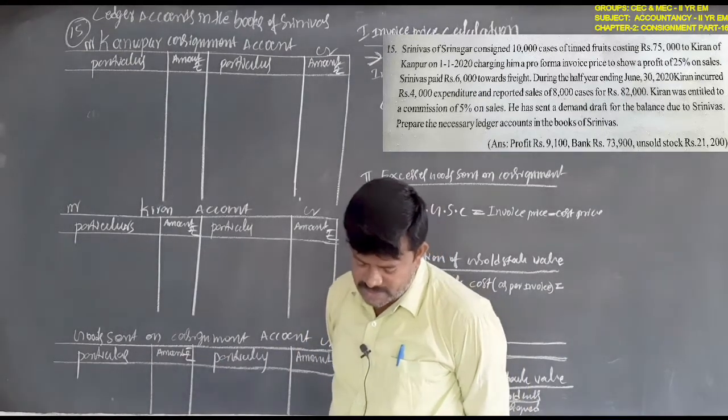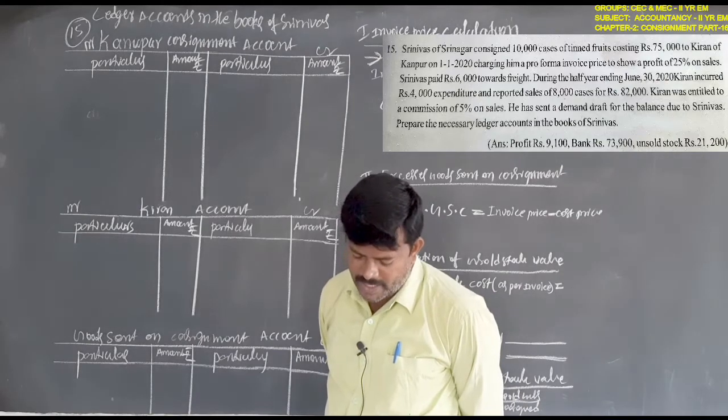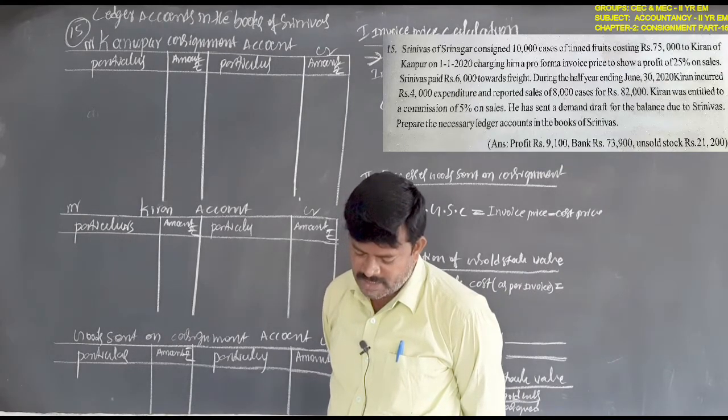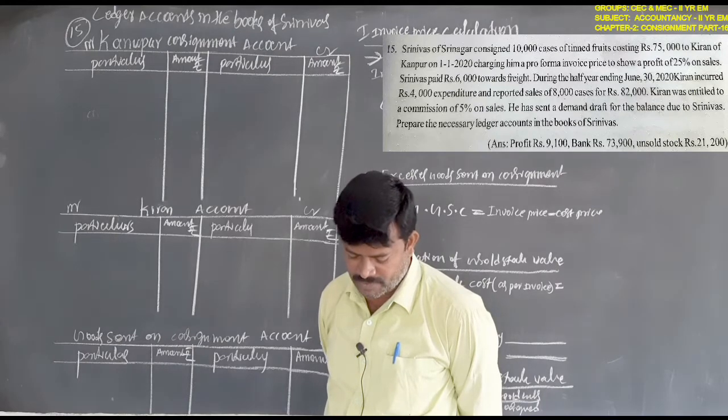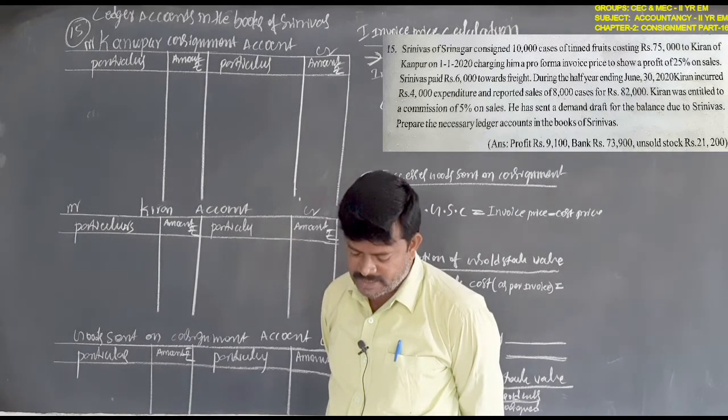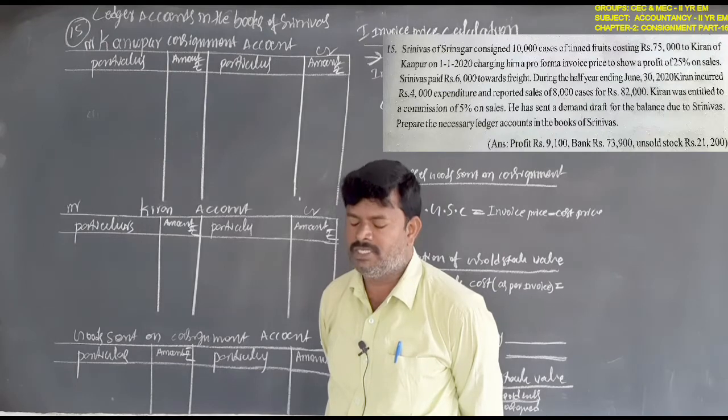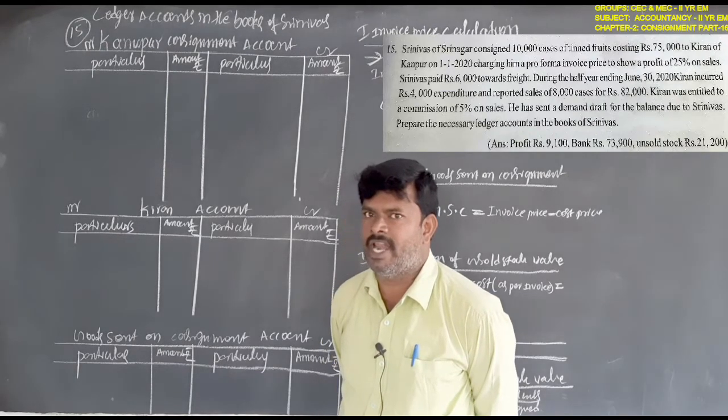Next, sales are 8,000 cases for 82,000 rupees. Kiran was entitled to a commission of 5% on sales. He has sent a demand draft for the balance due to Srinivas. Prepare ledger accounts in the books of Srinivas, that is, ledger accounts in the books of the consignor only.